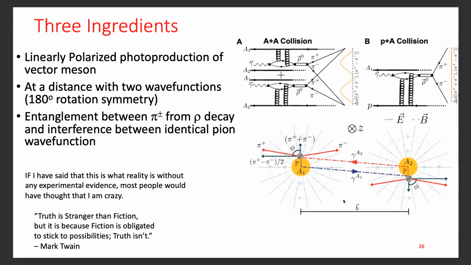They are at a very far distance, so they actually have interference. And with this interference, at the end, we only see one vector meson. It's all wave functions interfering. And we measure the vector meson decaying to pi plus pi minus. So at the end, we only see one pair of pi plus pi minus, but it comes from two vector meson wave functions, okay?